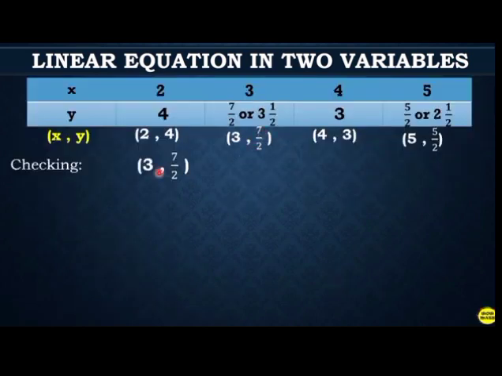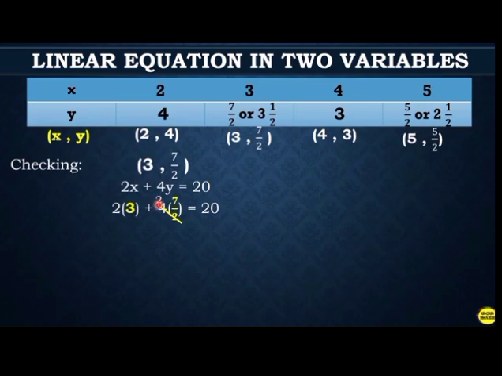Okay, so let's have the 3 and 7 over 2. So 2x plus 4y equals 20. Let's substitute the value of x and y. The value of x here is 3 and the value of y is 7 over 2. Let's cancel first: 4 cancels to 2.